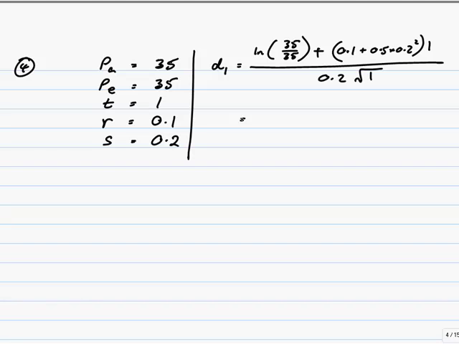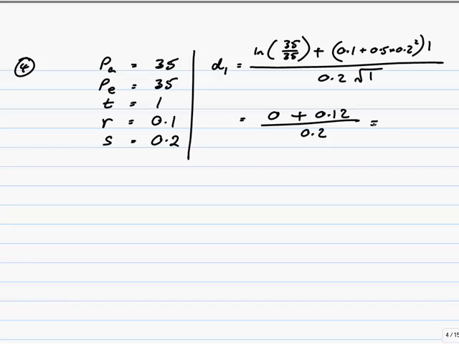Well, 35 divided by 35 is 1. Ln of 1 is 0 plus, if I start with the end, 0.2 squared times 0.5 equals 0.02 plus 0.1 times 1 is 0.12. Divided by, well, the square root of 1 is 1, so divided by 0.2.